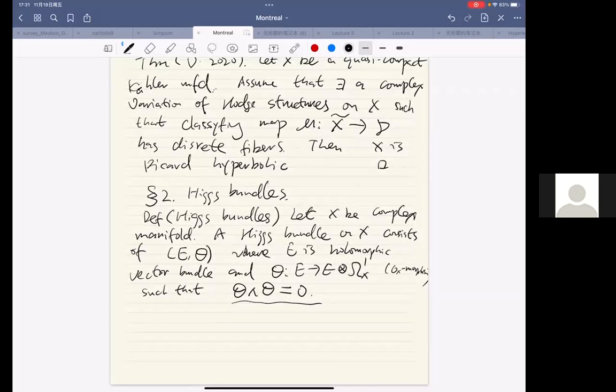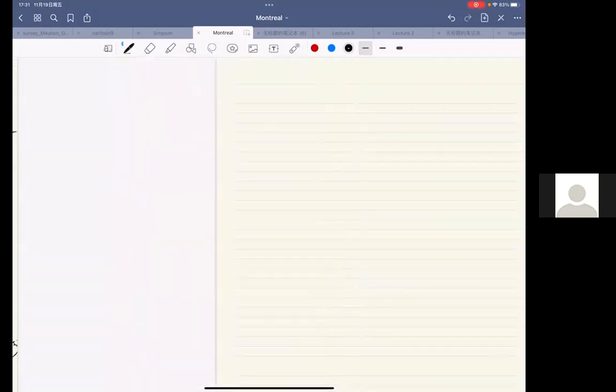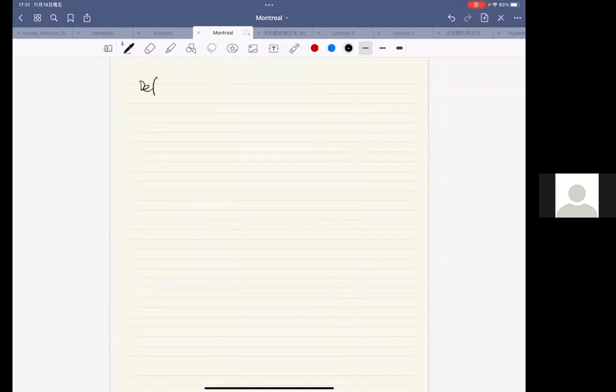So now, more specifically, let me call it a definition, which is a harmonic bundle.